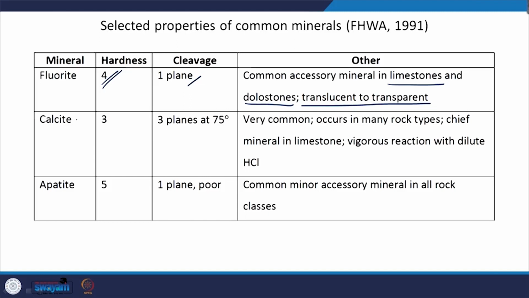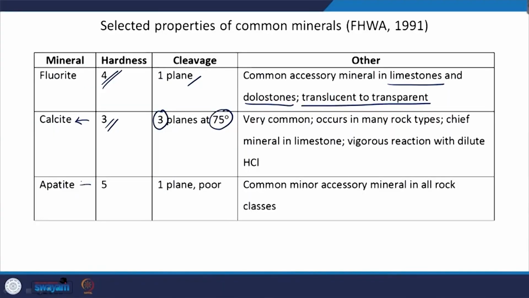Next mineral under consideration is calcite, relative hardness 3, and see here 3 planes at 75 degree. It is very common and occurs in many rock types, and it is one of the chief minerals in limestone, and as far as its reactivity with hydrochloric acid is concerned, it has vigorous reaction.